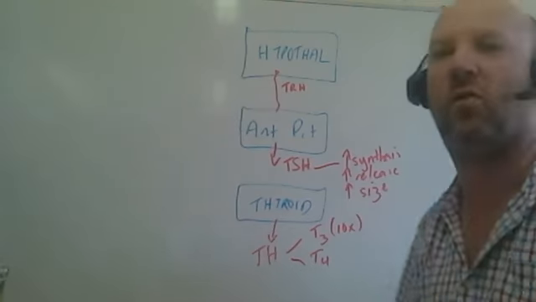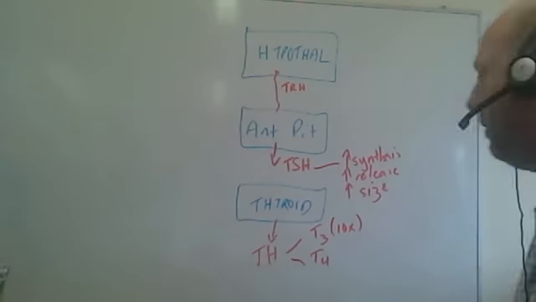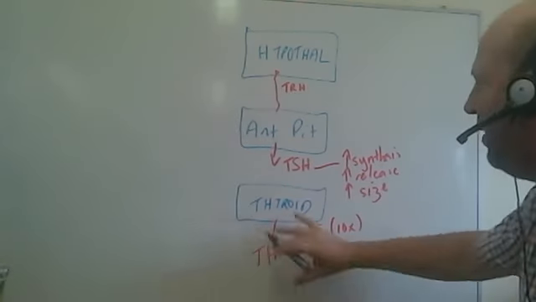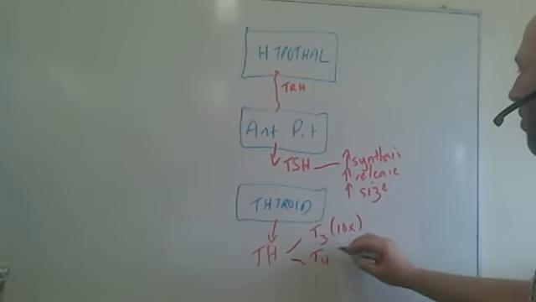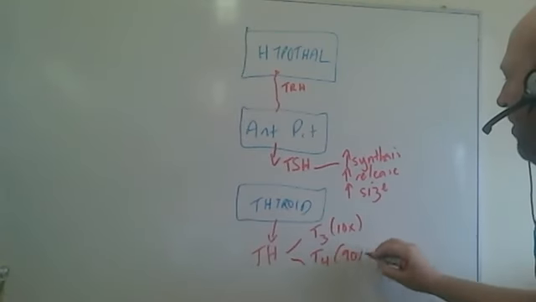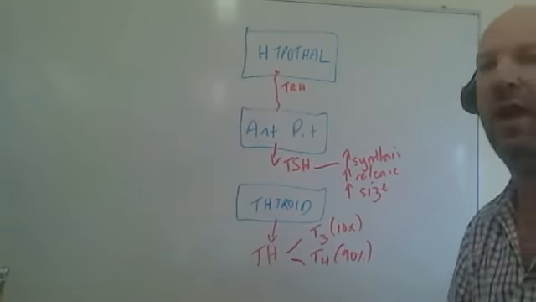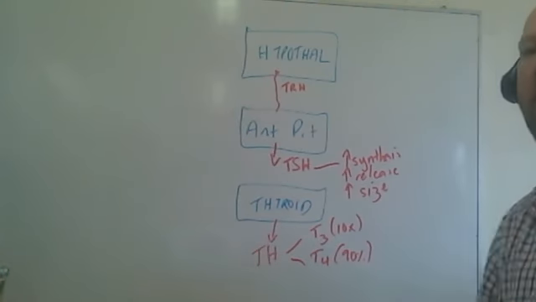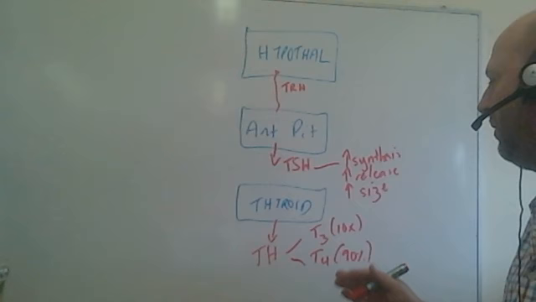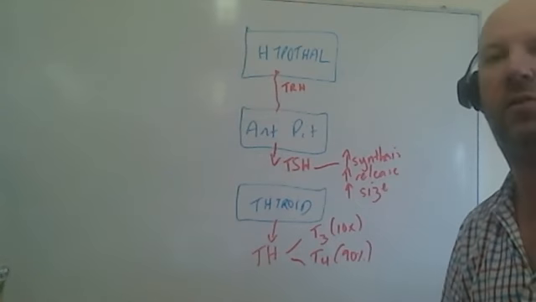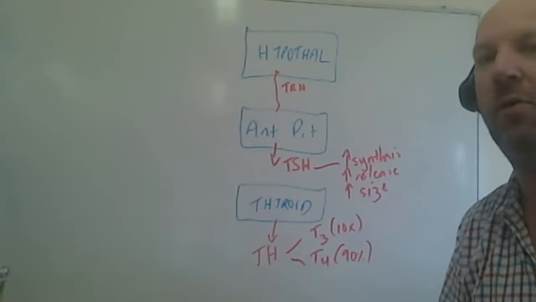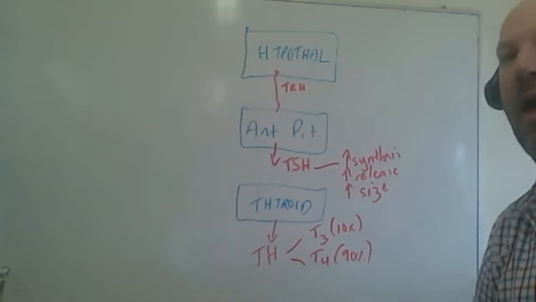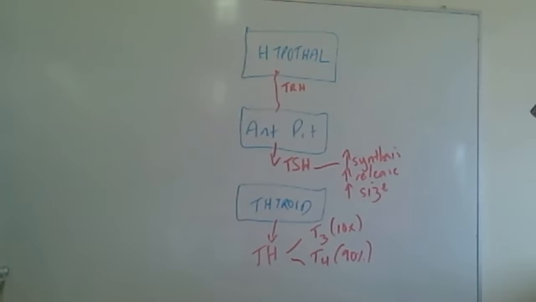It has 10 times a greater biological effect, but normally about 90% of thyroid hormone is released as T4. This T4 will travel around the body, but once it enters the cells where it has its action, it will be converted into T3 and thus still have the greater biological effect.